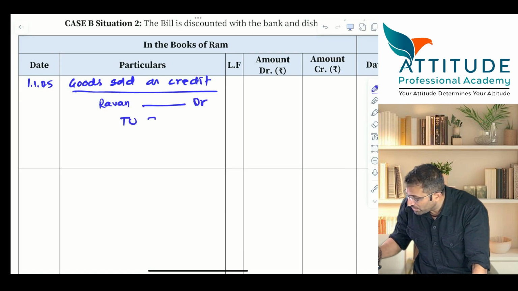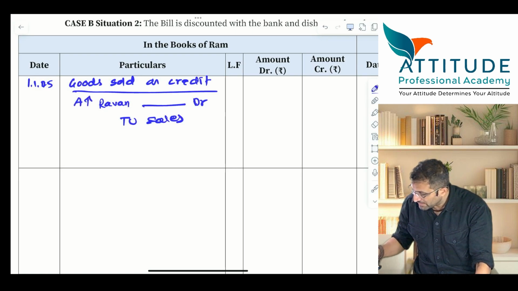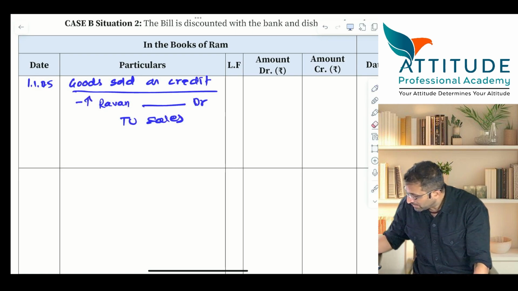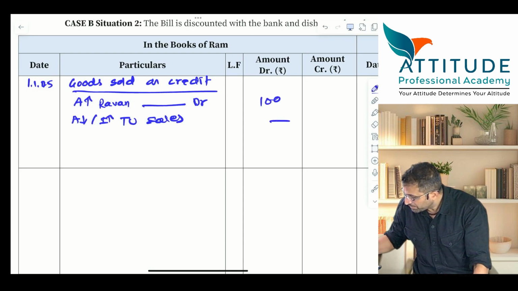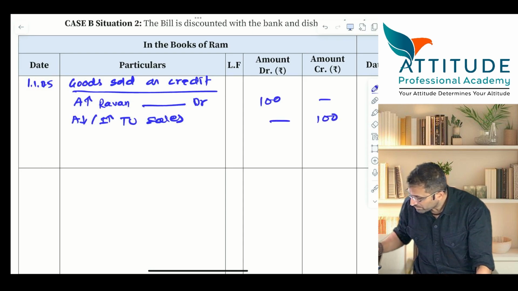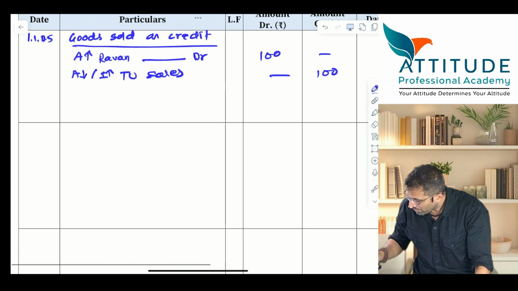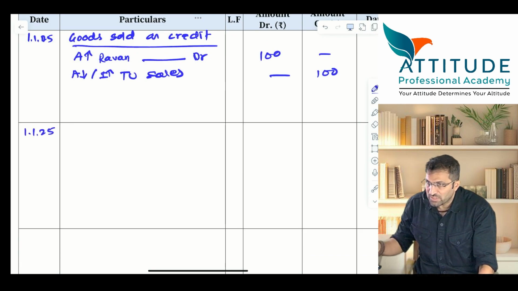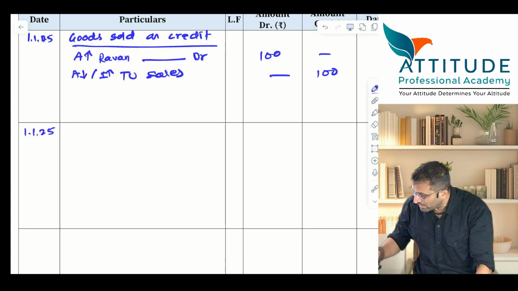Ravan account debit to? What should I write here? Asset increases and? Either asset reduces or income increases. Next. Date: same date the goods are sold, same date the bill is drawn.